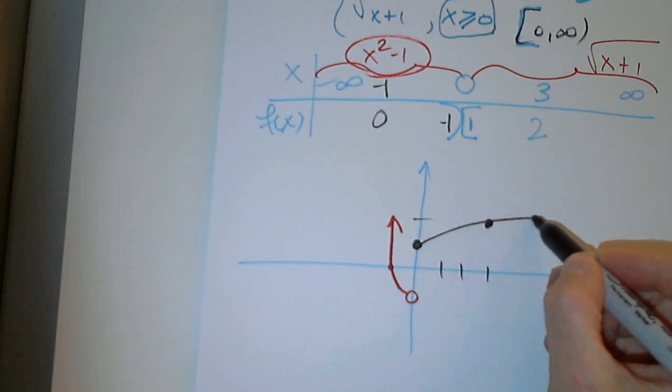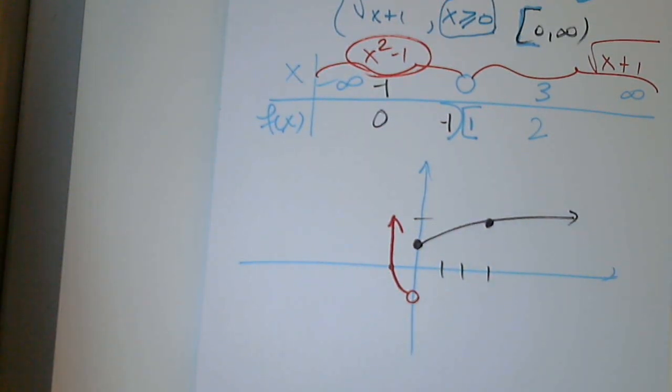And here it is. How do I know that graph? Because I have the square root of x plus 1. It starts at 0 to the right. I cannot extend it to the left, like I cannot extend x squared minus 1 to the right. It's only carved in stone between negative infinity and 0.